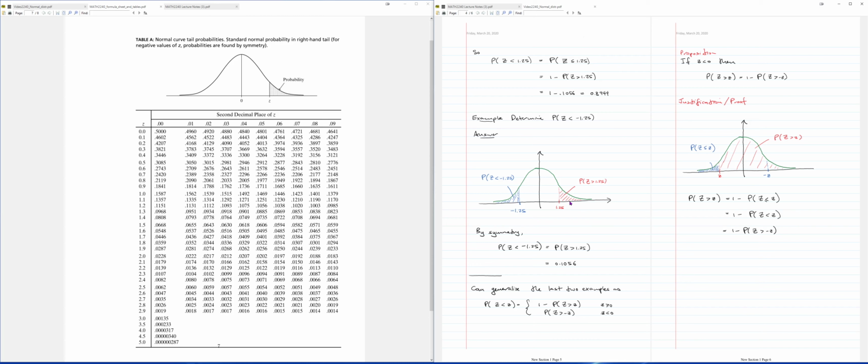So if you want to calculate this, all you need to do is calculate this. The probability Z less than minus 1.25 is equal to your red area, which is the probability Z bigger than 1.25, and now this comes from the table, the 1.2 and then the 0.05. And it gets you this over here.